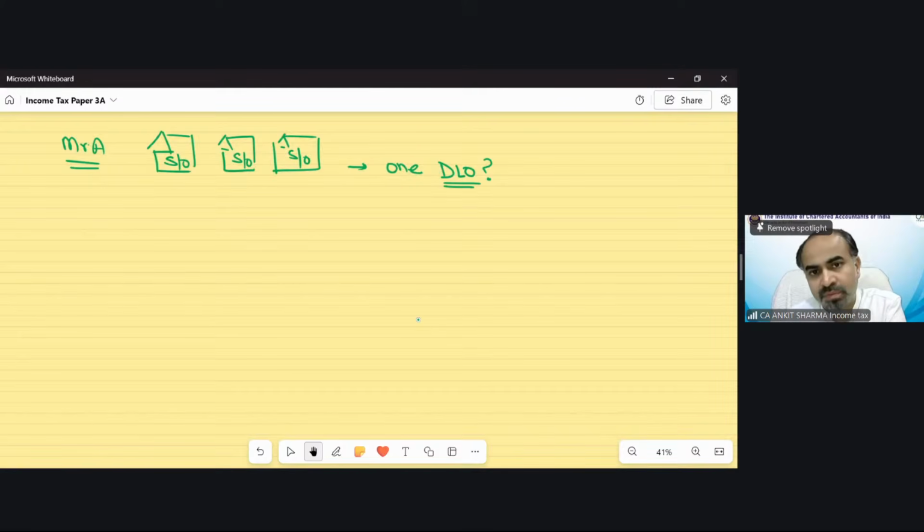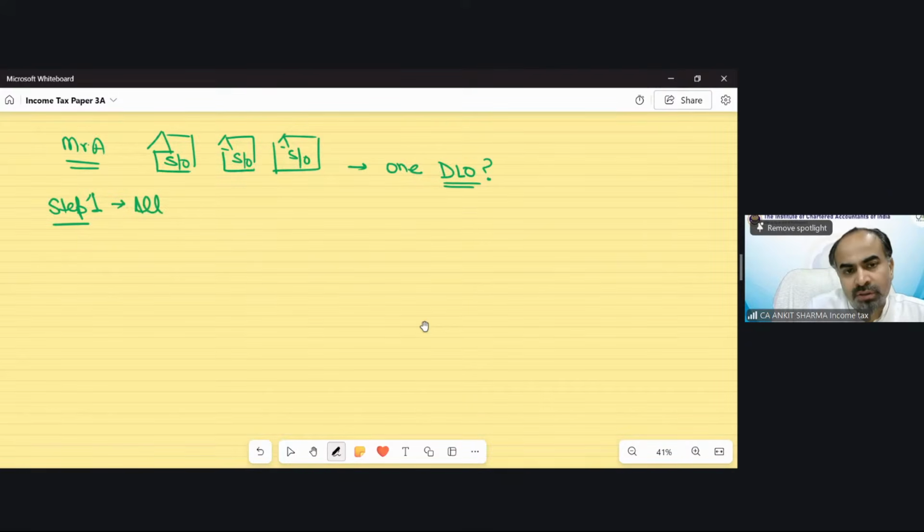So the basic concept says there is a 3-step solution pattern. Step 1, solve all houses, assuming they are self-occupied.